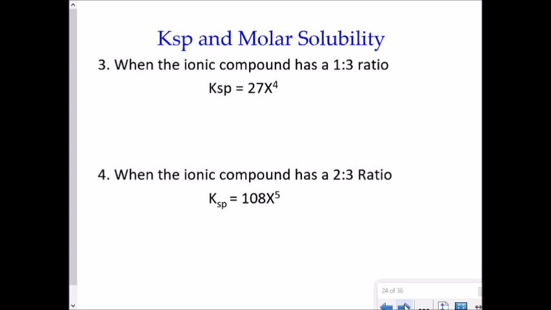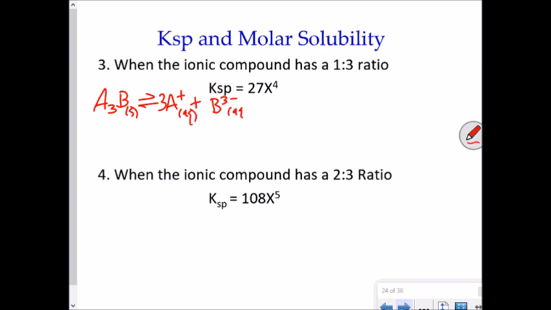You're going to get 27x to the fourth. Let's see if we can derive this. So in this case, I'm going to do it this way. I'm going to do the A3B. So this is going to be +1 here, 3 of them, and then plus the B is a 3 minus.